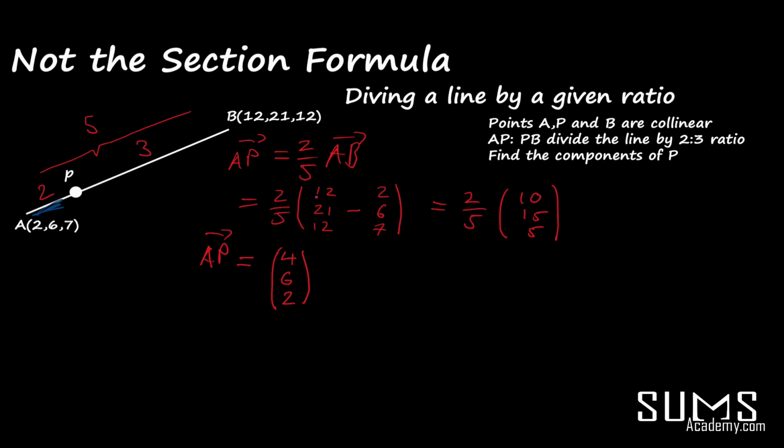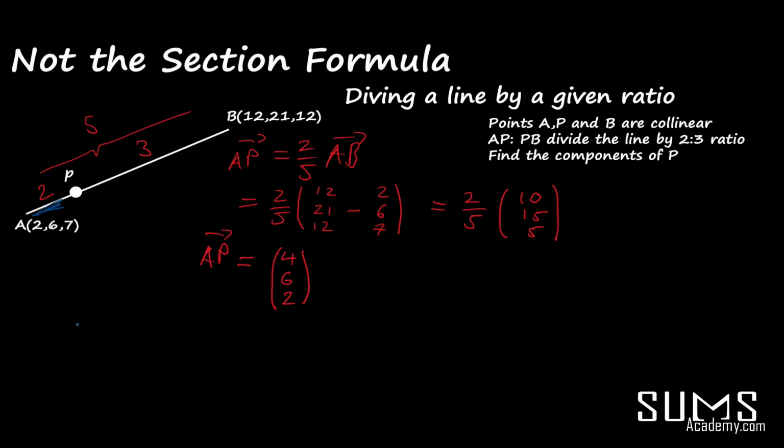AP is equal to this vector here. So how do we figure out P? Well, using the same logic as before, we can write an equation that describes how this would be made up. So now that we know that, I'll change color.